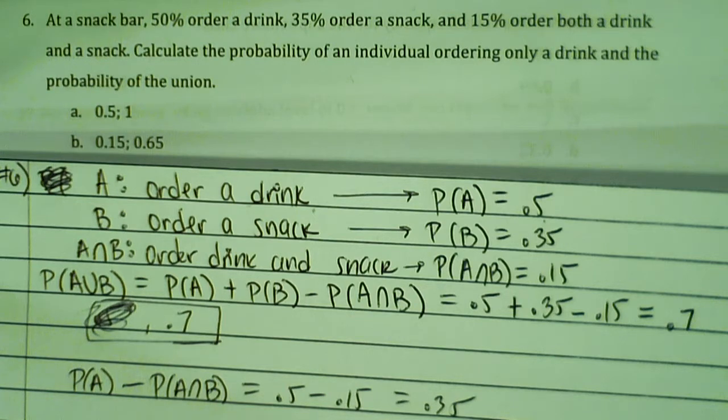So to subtract this drink and a snack, you'd have to subtract the 15 from those two. So you add those two and subtract the 15 to get the intersection of the other two. I don't know if that last one makes sense. What are you trying to get with that last one?